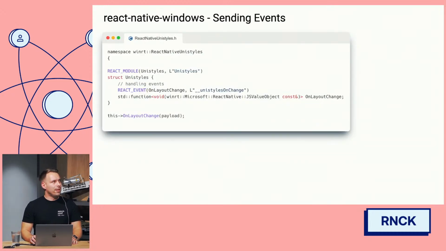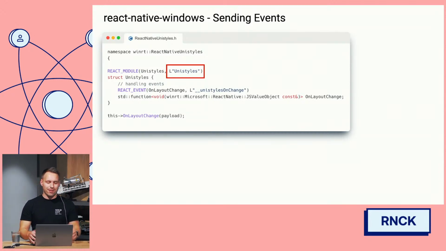What about sending events? Well, you have one more macro, and here, as a second argument of your module macro, you can pass a name of your emitter. So if you don't do that, you will actually trigger an event to everyone. So everyone from React Native can listen to your events.